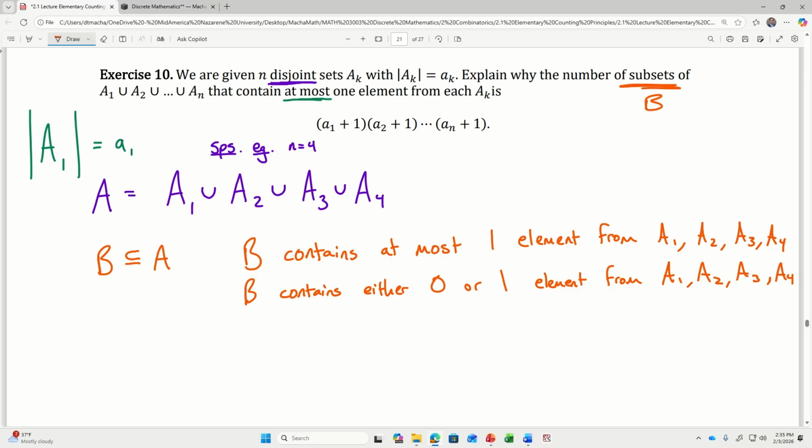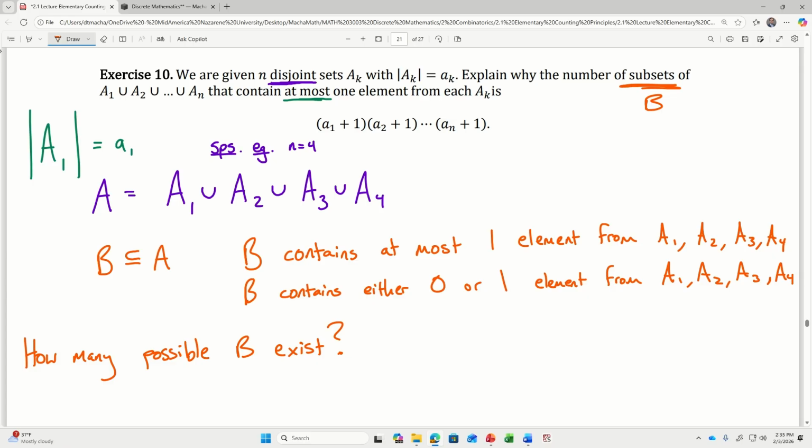So I'm interested in the question, the number of subsets. In other words, how many possible subsets B exist? And this actually gives us the answer to the question.